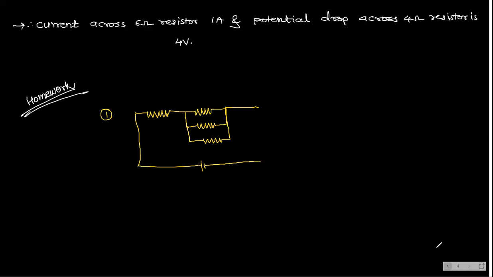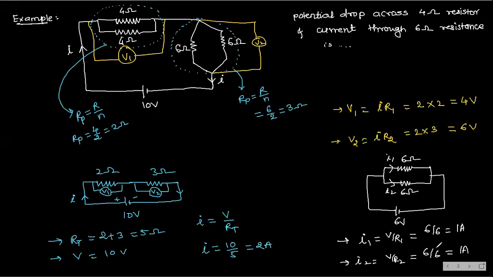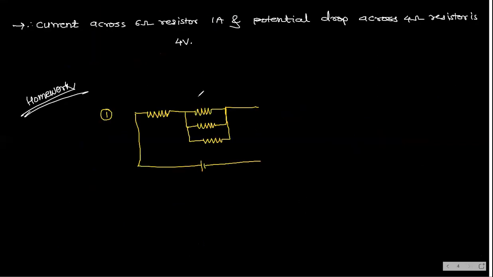The first circuit has resistors of 9 ohm, 9 ohm, 9 ohm, and this one is 6 ohm, and this is 9 volt.